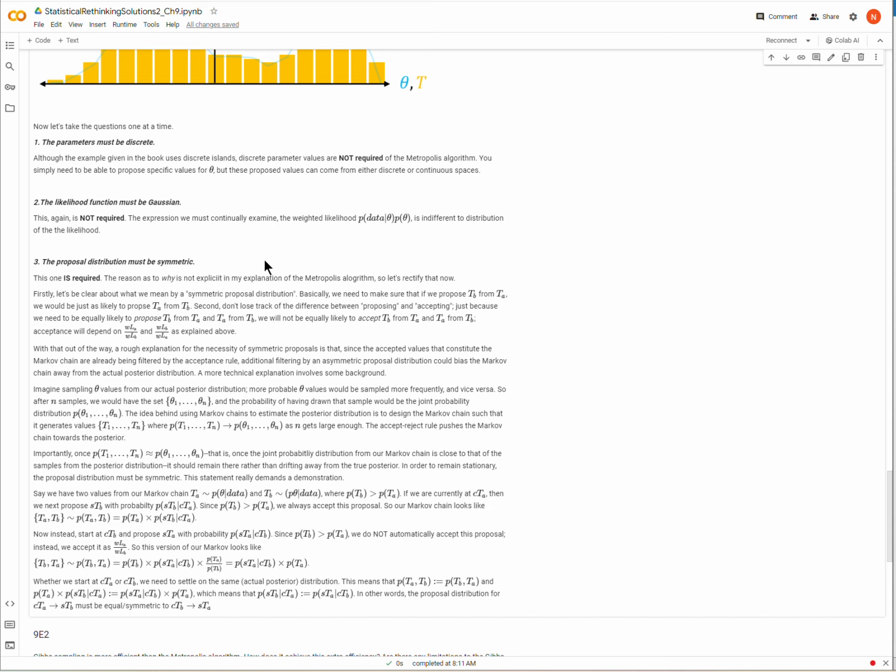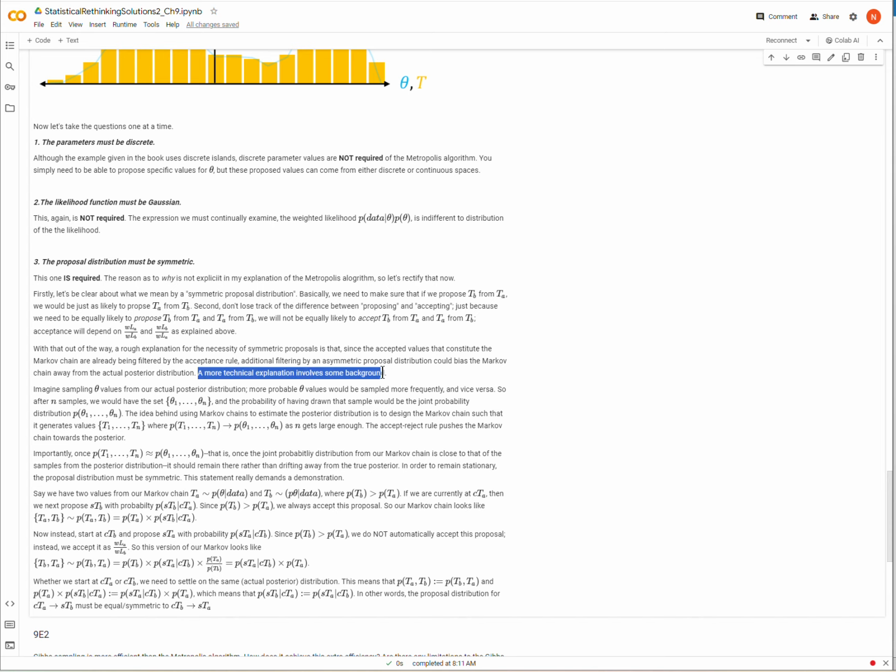And so to further sample it by not having an equal proposal distribution, that additional filtering would bias our Markov chain as we're building up these samples, and it could bias it away from actually approximating the true posterior distribution, right? And so we don't want that. Okay, so that's kind of a hand-wavy explanation.